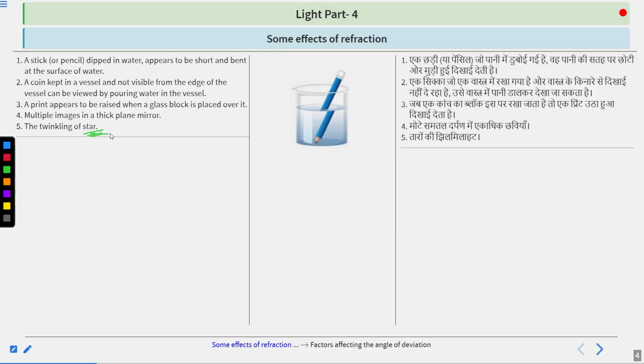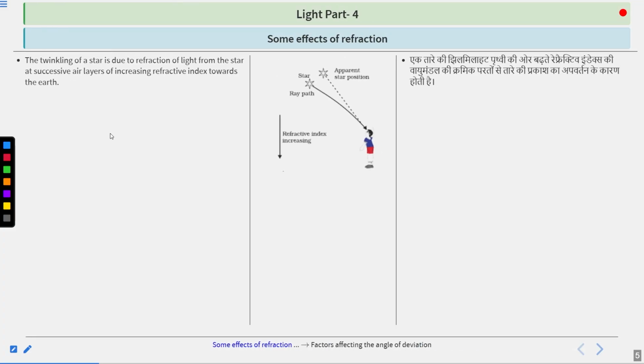That's why its speed is continuously changing, wavelength is continuously changing, but the frequency is not. So it appears to be twinkling because the light is passing through multiple mediums before reaching your eye. The twinkling of a star is due to refraction of light from the star at successive layers of increasing refractive index towards the Earth.